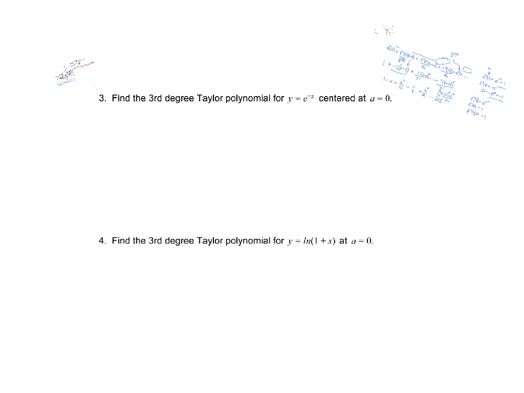And so cleaning this up, I'd have 0 plus 1x, minus x squared over 2 factorial, plus 2x cubed over 3 factorial. And that is the specific answer to the third degree. Cool. I'm going to pause here and go to the next part.